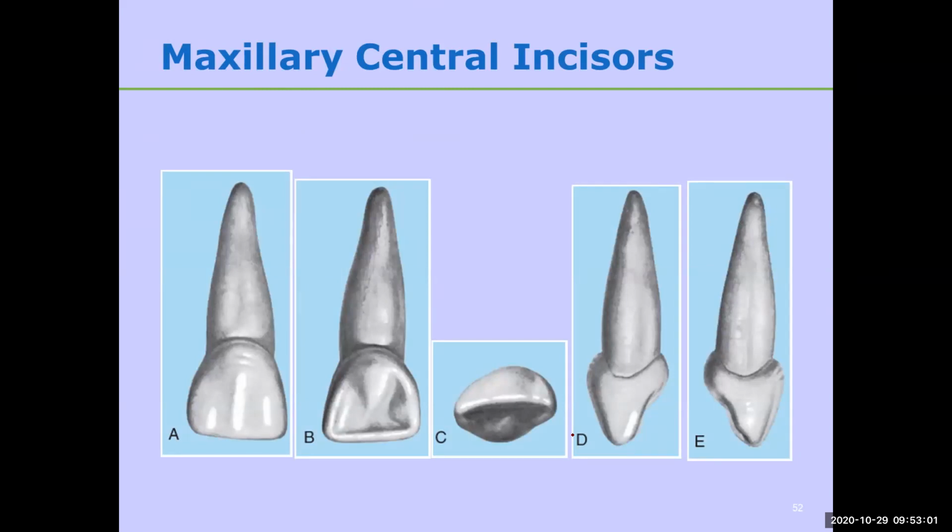The central incisors, would you be able to look at this and determine, is this a permanent or a deciduous? That's permanent. It looks very similar, doesn't it? Okay, it's actually a deciduous, because the root is longer than the actual crown.